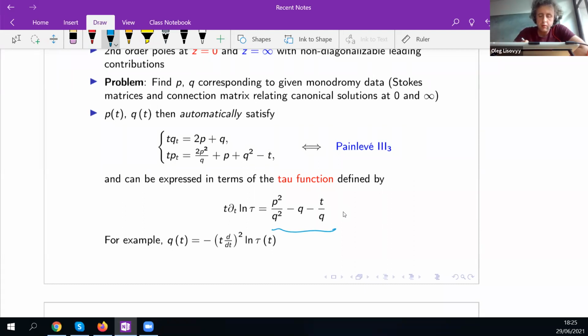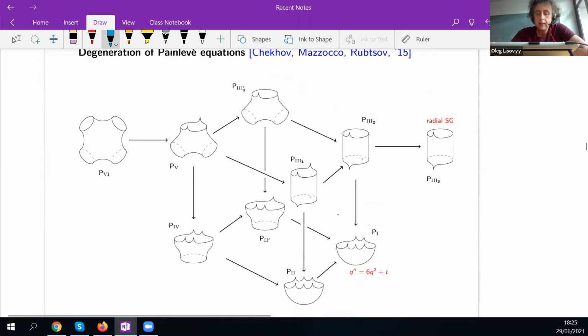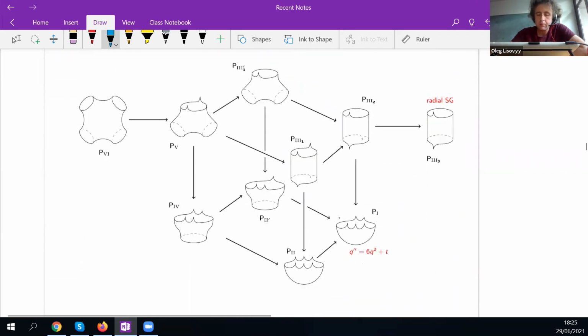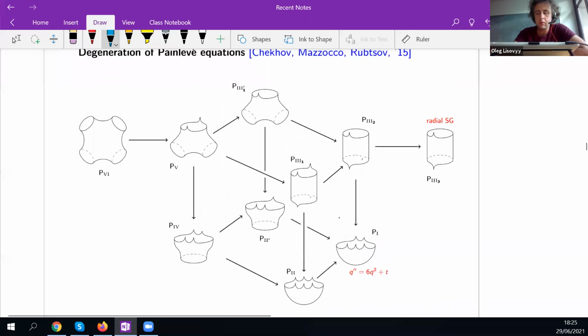So basically, what is written here is the non-autonomous Hamiltonian of this system of ODEs. And again, I show you the degeneration scheme, which has exactly the same form as in the case of Heun equations. So we have Painlevé 3 in this corner.